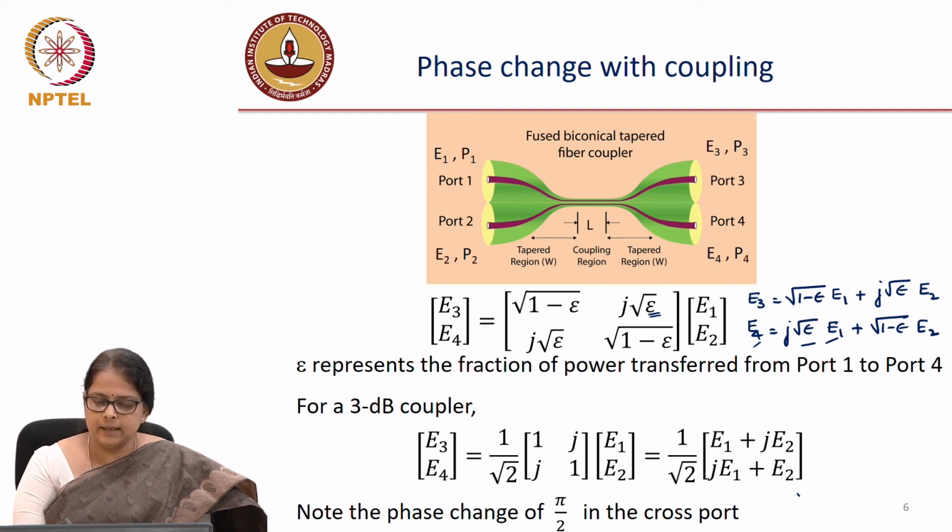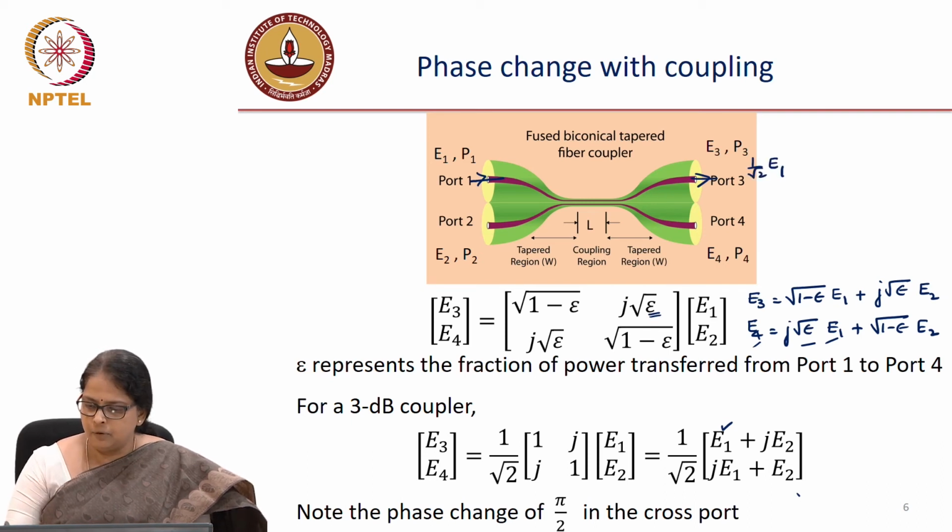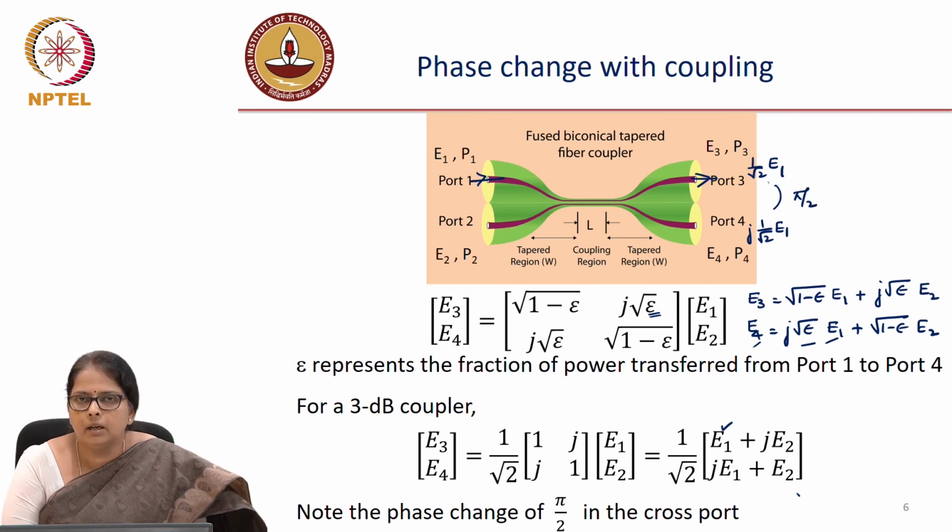Let's say you send in a field E1. In E3 you will get 1 by root 2 times E1 if it's a 3 dB coupler, but in E4 you will get j times 1 by root 2 E1. So there is a phase change of pi by 2 between the two output ports of the coupler.